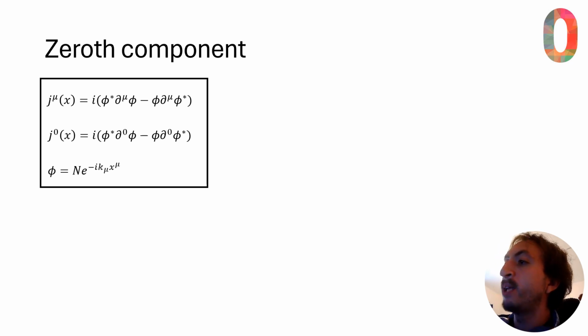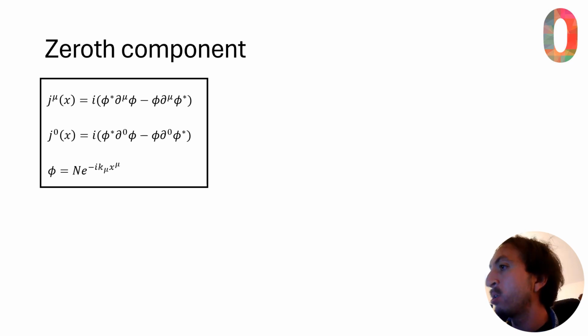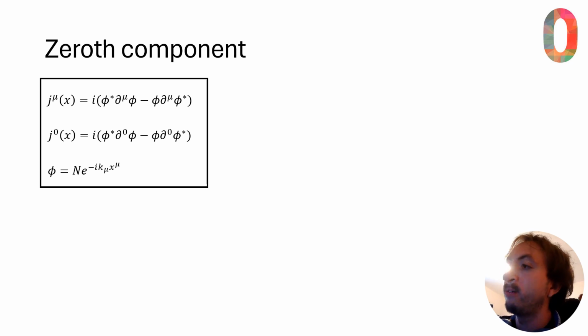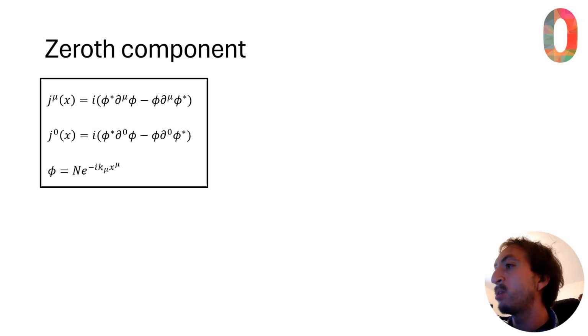Here I'm including N. N will be important. It's a constant that we don't really need in the case of Schrodinger's equation, because Schrodinger's equation doesn't describe multiple particles, but we're interested in quantum field theory ultimately, which will have to describe interactions between multiple particles, in which case this factor of N would become important. For Schrodinger's equation, because it's just concerned with one particle at a time, N is just equal to 1, so it can be ignored.